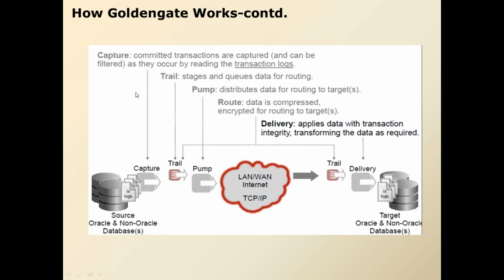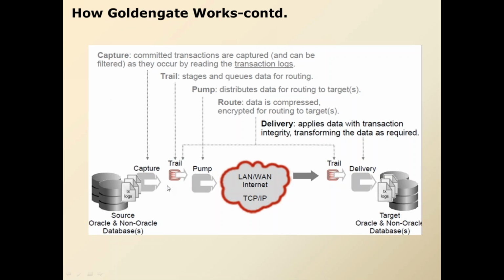Once it captures those committed transactions, it writes them to a trail file on the local system, which is known as local trail. Local trail is nothing but storage of the data the capture process has captured. It resides on your operating system and consumes your hard disk.